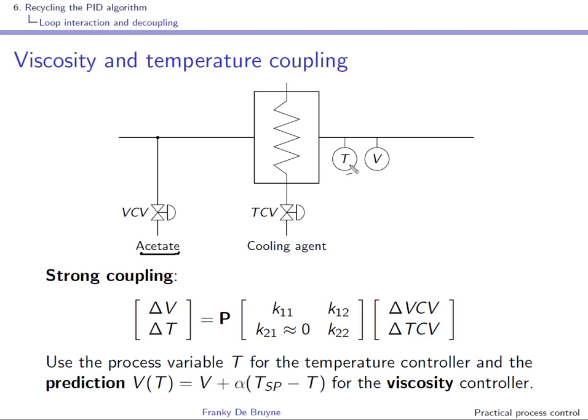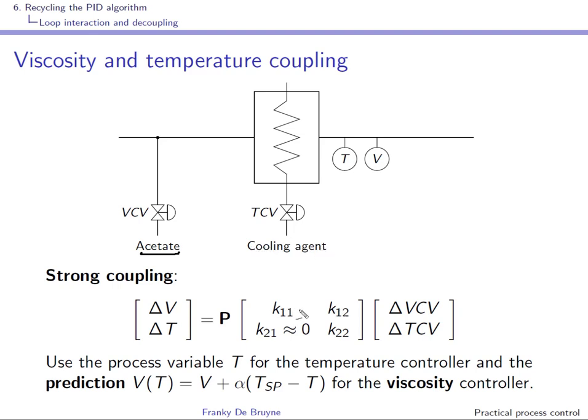To influence the temperature we can control the valve position to influence the cooling agent that goes through the heat exchanger. So this is one way to influence the temperature. But changing the temperature will also change the viscosity. So we can see that the viscosity is influenced both by the valve position that controls the acetate flow and the valve position that controls the cooling agent flow.